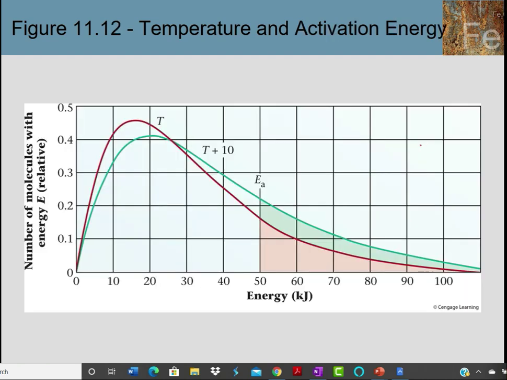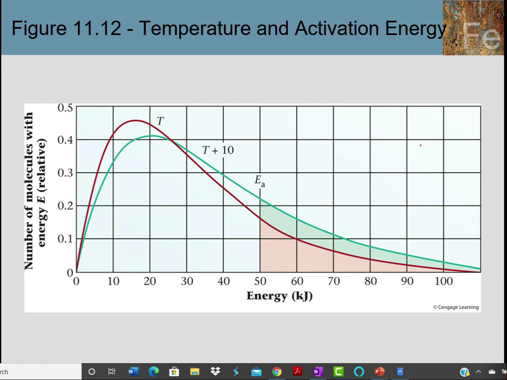That's because if you look at this graph, this is that Boltzmann distribution, where they talk about the fact that as you increase the temperature, the average kinetic energy is higher. The root mean square speed is higher, but also you'll notice that the red space underneath the curve is the number of molecules that have energy greater than the activation energy.